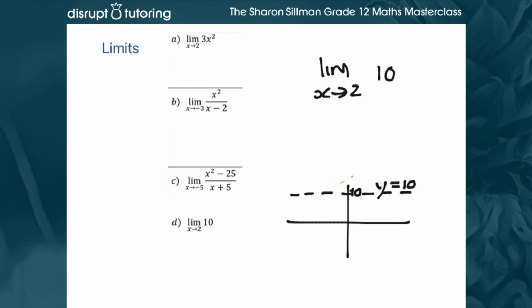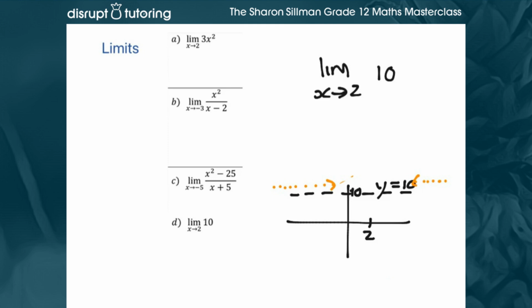That is the line y equals 10. And we are interested in what happens as we approach from the left, getting towards 2, and what happens as we approach from the right. And I think you will see quite clearly that the only value we can possibly be approaching is y equals 10, because that's the only value there is.